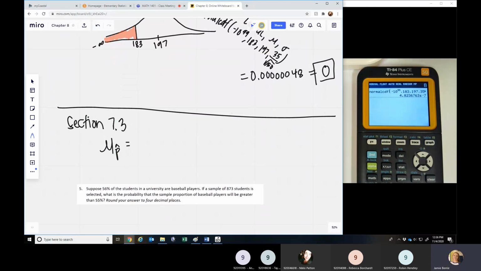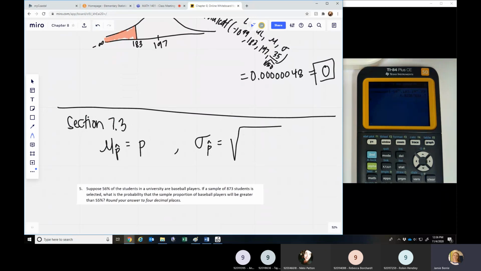The mean of the sampling distribution of sample proportions is just equal to the population proportion. And then the standard deviation of the sampling distribution of sample proportions, this is the one that has the complicated formula. It's the square root of p times 1 minus p over n. And again, p is the population proportion.